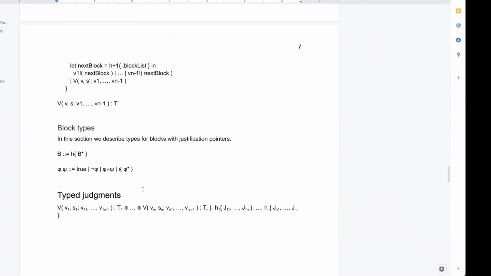Okay, and so then we're going to have formulae of the form phi, and this will be 1.